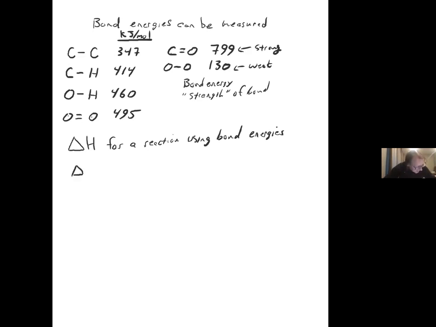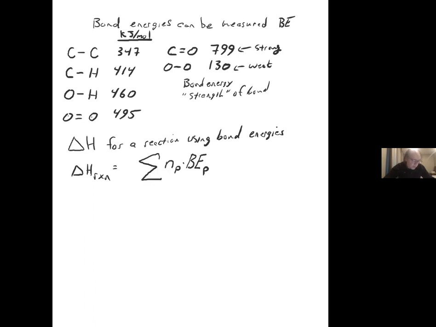Delta H for a reaction, RxN for reaction, is, I'm going to do a little math notation now, sigma, which is the sum. That means you're going to add up the number of moles, n for moles, like PV equals nRT, of a product times the bond enthalpy. I'll use BE for bond energy or bond enthalpy for that particular product.